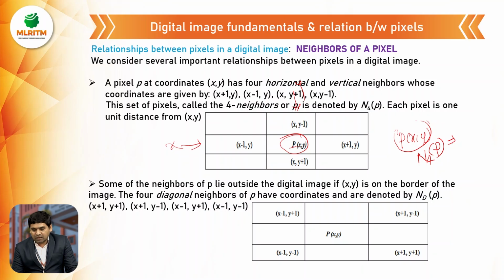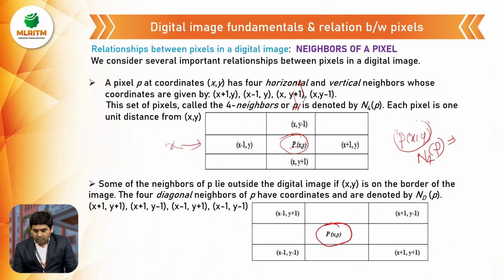These 4 set of pixels are called the 4 neighbors of p. Similarly, some other neighbors of p may lie outside the digital image. The diagonal coordinates are represented in a similar manner.